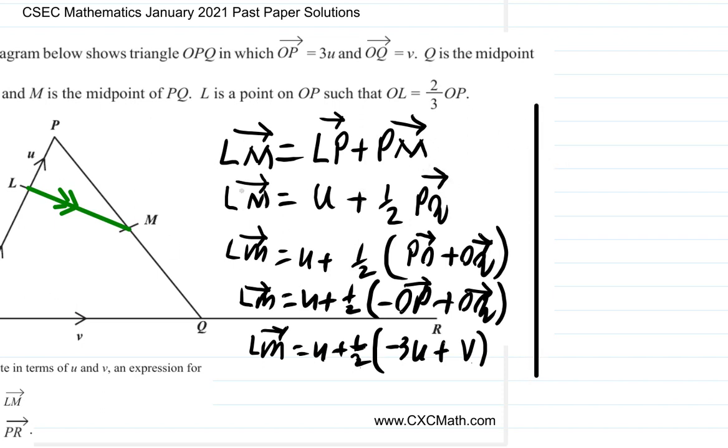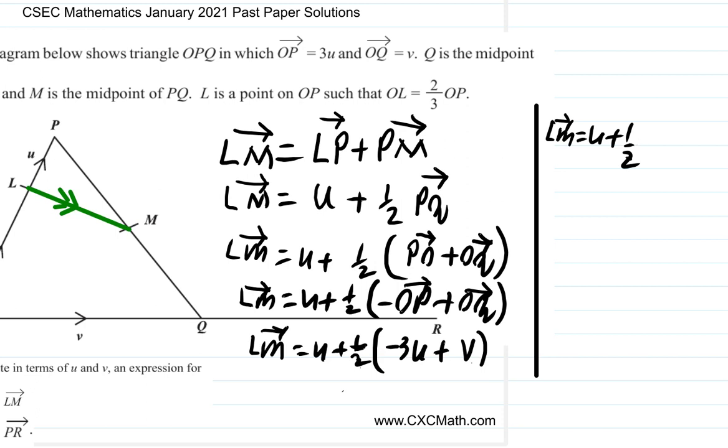So now here LM is going to be U plus half of what? You can open the bracket now, alright, and say it is half of negative 3U.